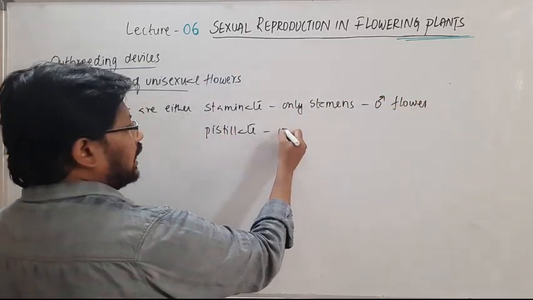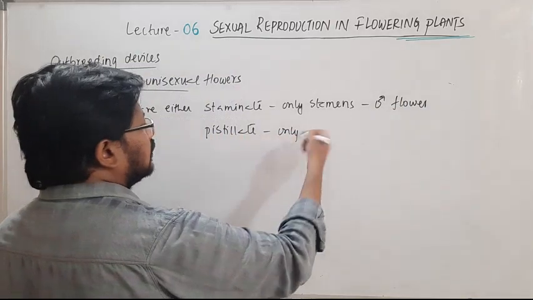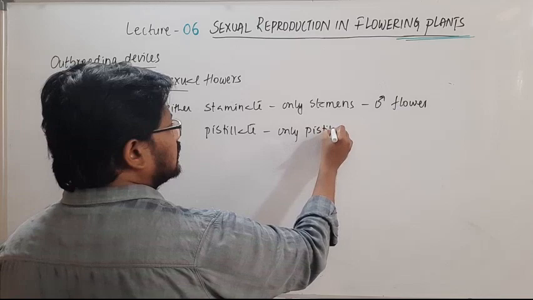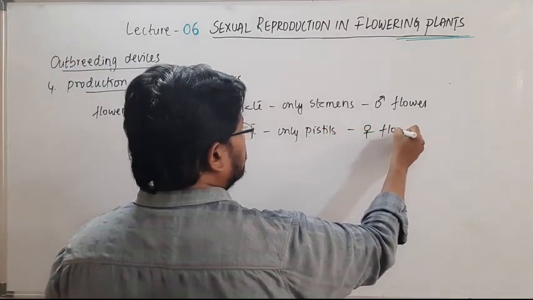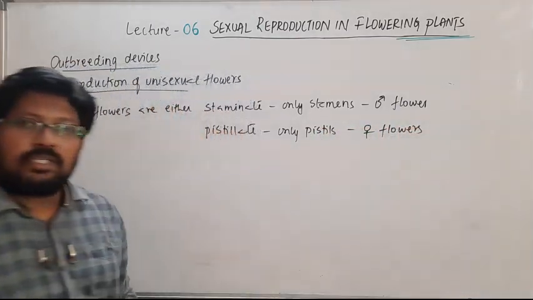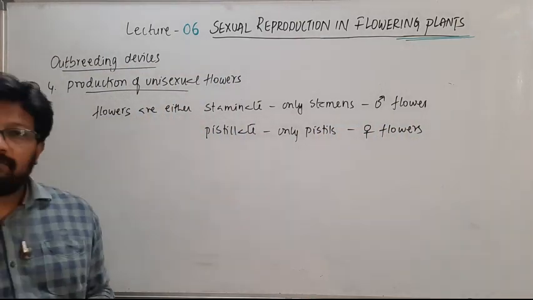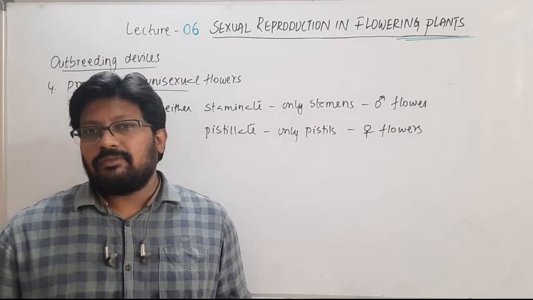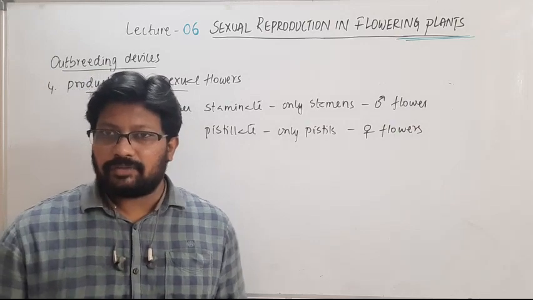Pistillate flowers have only the pistils, and these are called the female flowers. Now these male and female flowers can be developed on the same plant, or they will be developing on different plants.